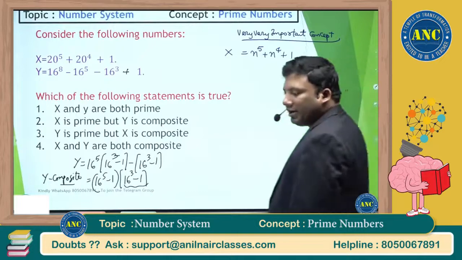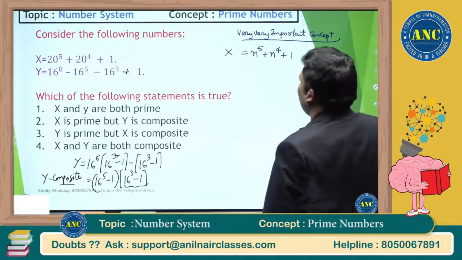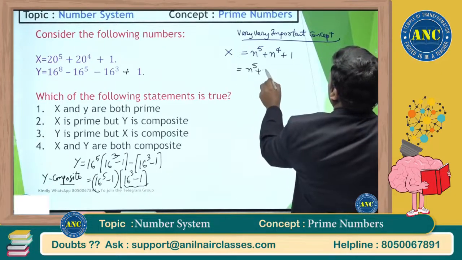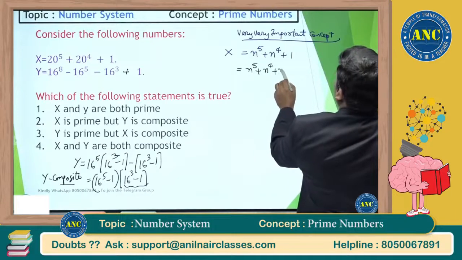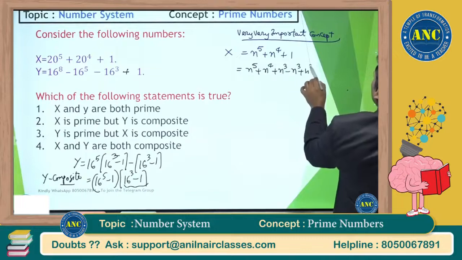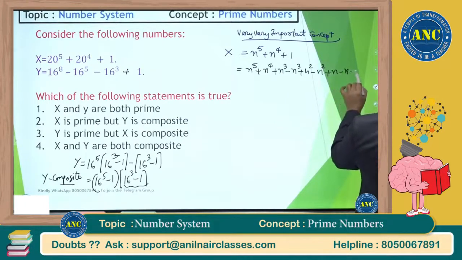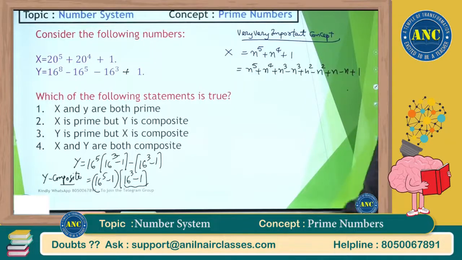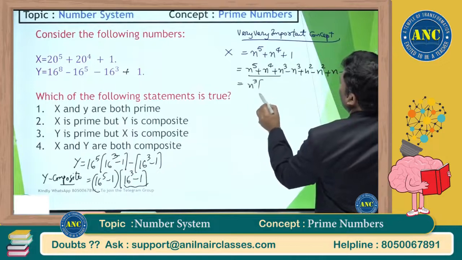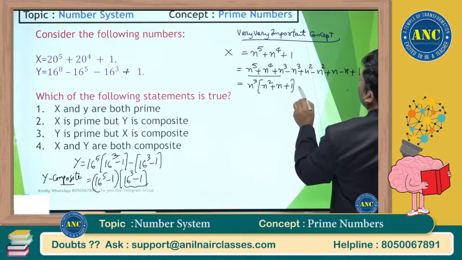We have to check whether n power 5 plus n power 4 plus 1 is composite or not. What we'll do is n power 5 plus n power 4, add n cube, subtract n cube. Add n square, subtract n square. Add n, subtract n, plus 1. Let me see if anything can be obtained from this. From the first 3, if I take n cube common, n square plus n plus 1.